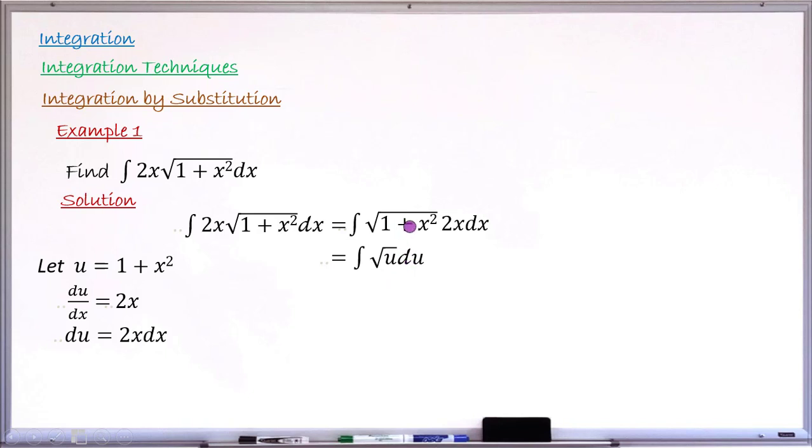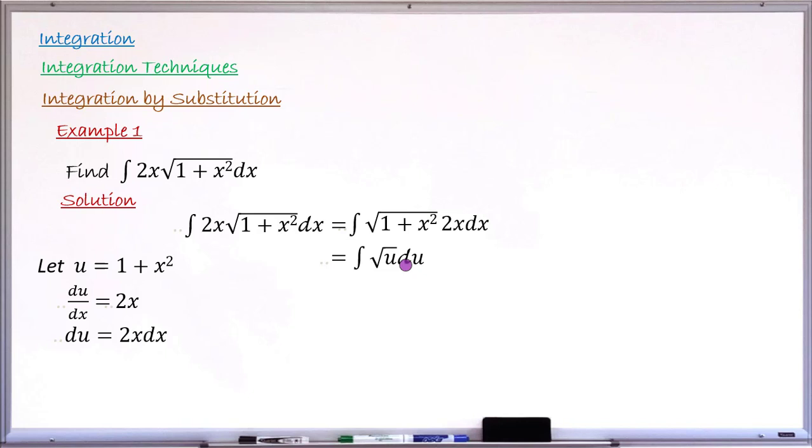What is in the root there, 1 plus x squared, is now replaced by u because u equals that. And this 2x dx, which we said is the same thing as du, I replace by du. So this reduces my work to finding the integral of this function with respect to u.